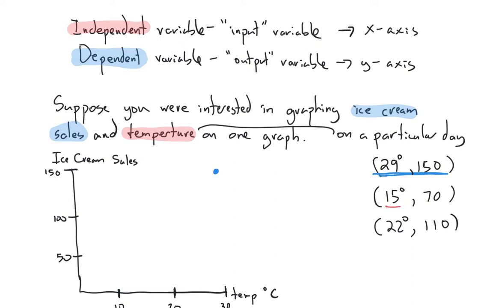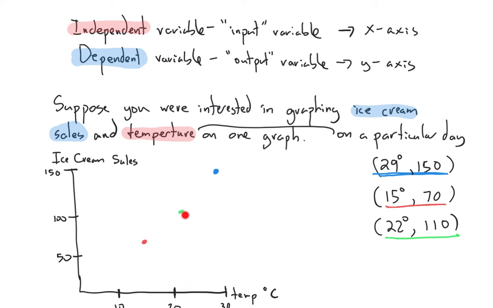The point 15, 70 would be somewhere around here. You can see we're at 15 degrees Celsius and about 70 ice cream sales here. And finally we have 22, 110. So that would be right about here.